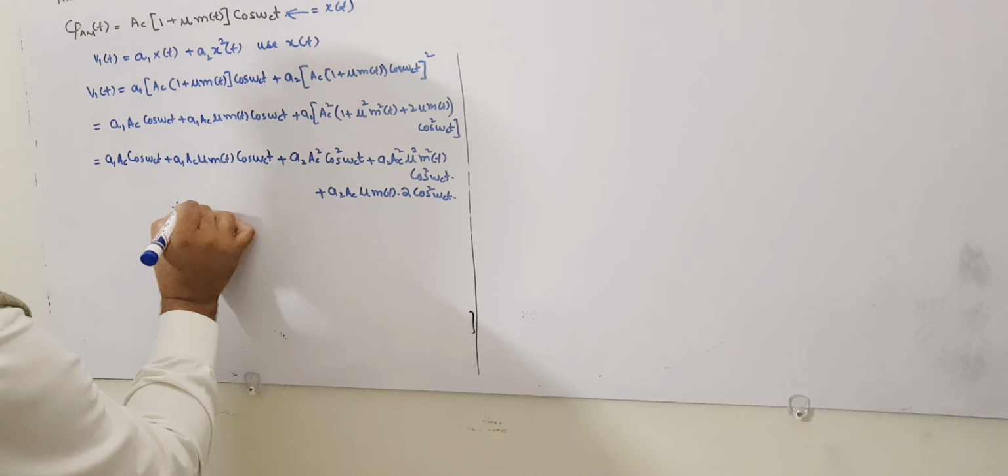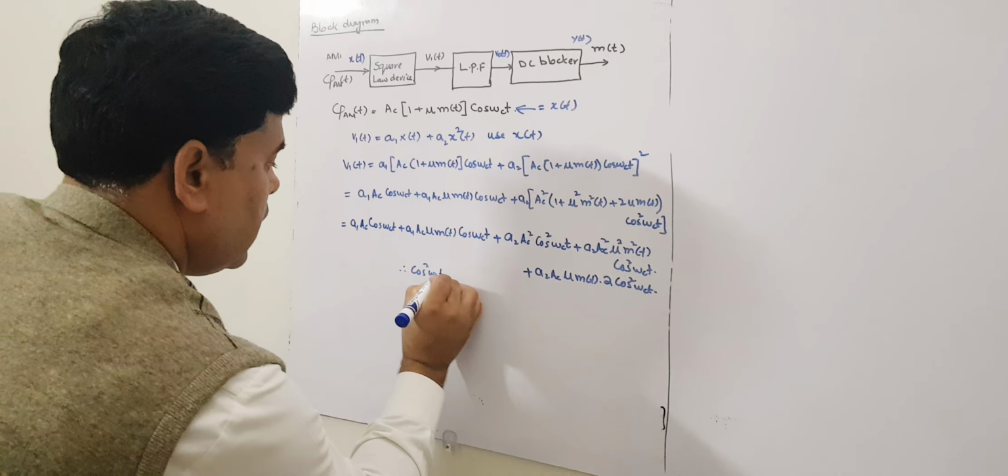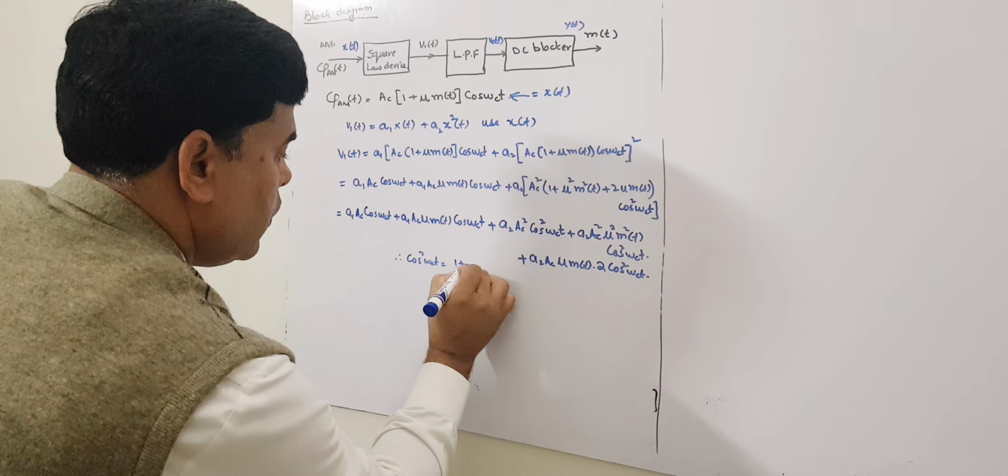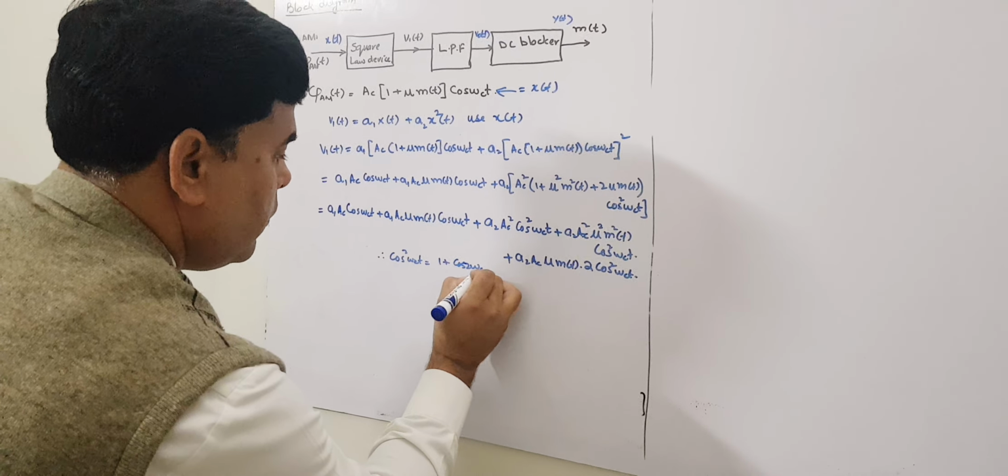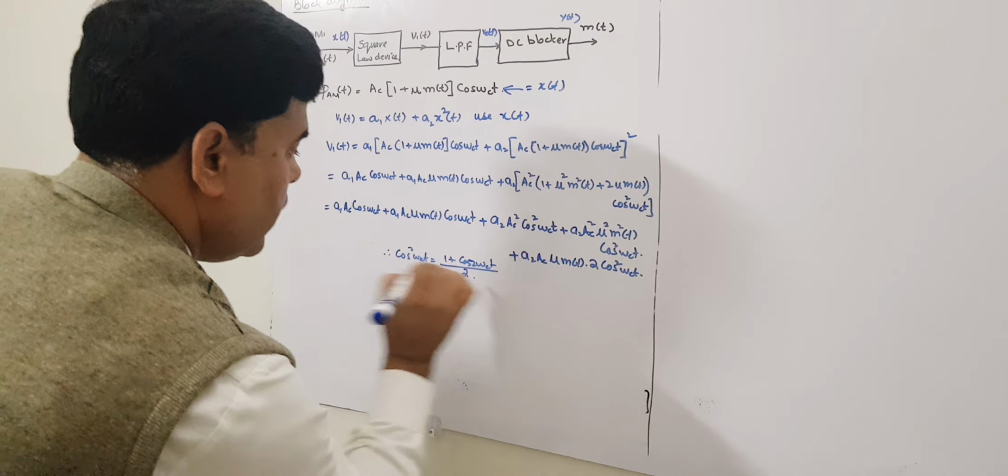We know that cos square omega c t is equal to (1 + cos 2 omega c t) divided by 2.